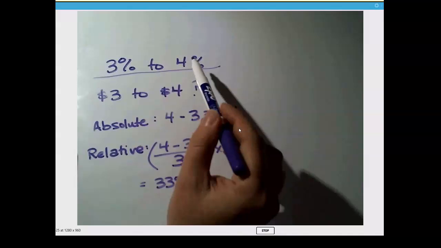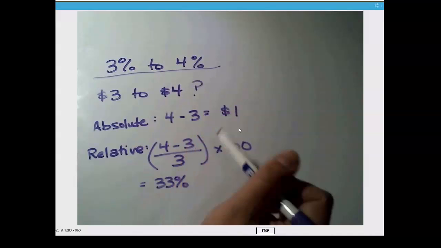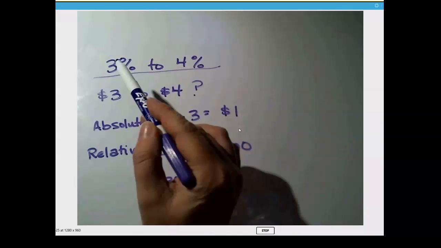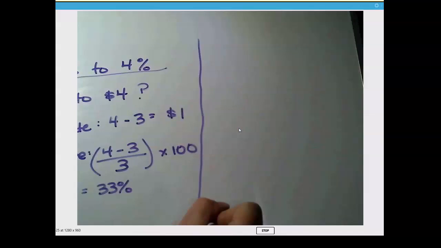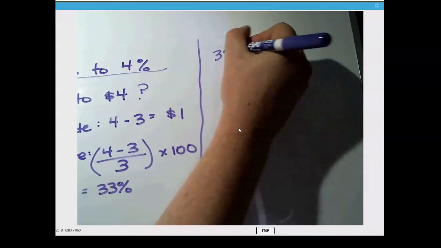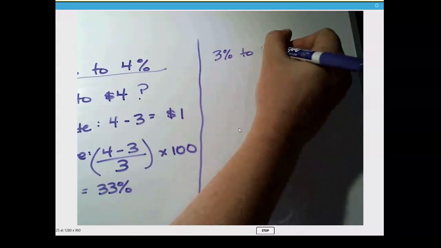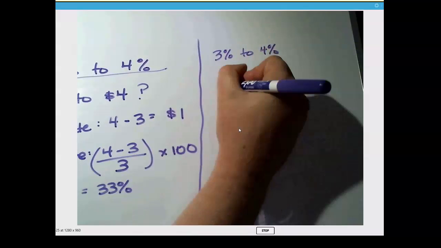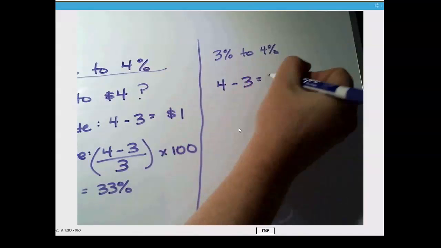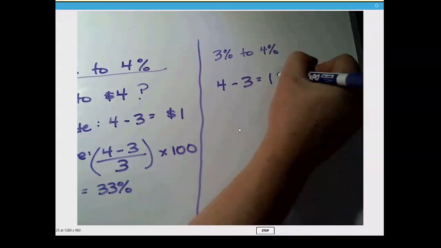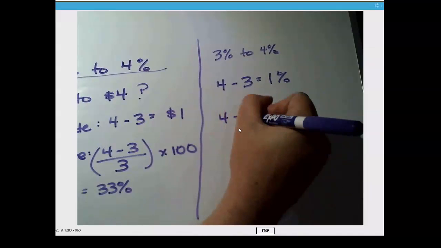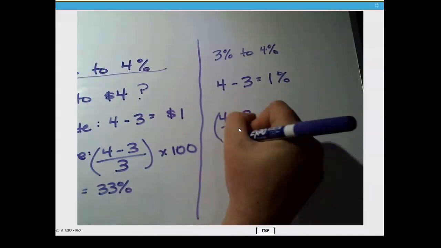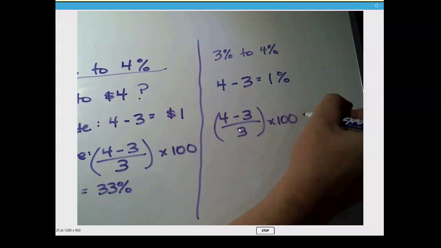So now let me try to go back and explain what I'm talking about with how you're supposed to label these answers when you're looking at percentages to begin with. Slide this over. All right, so if I'm going from 3% to 4%, I'm still going to subtract. And it's going to give me my answer of 1. If I try to label it with a percent, that is very misleading because we already know the percent is supposed to be 33.